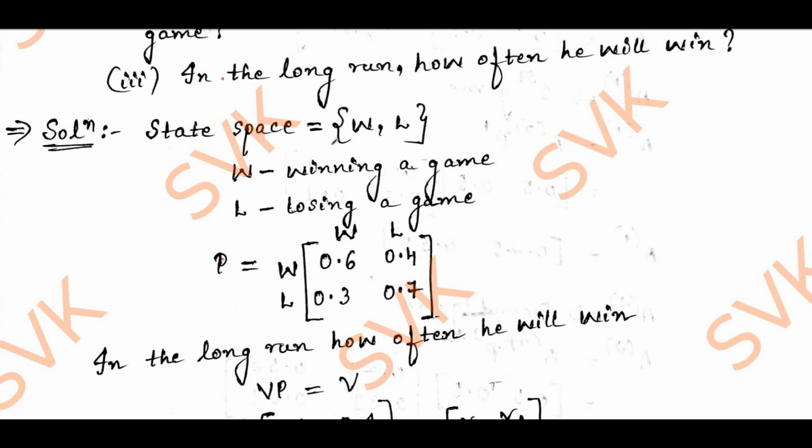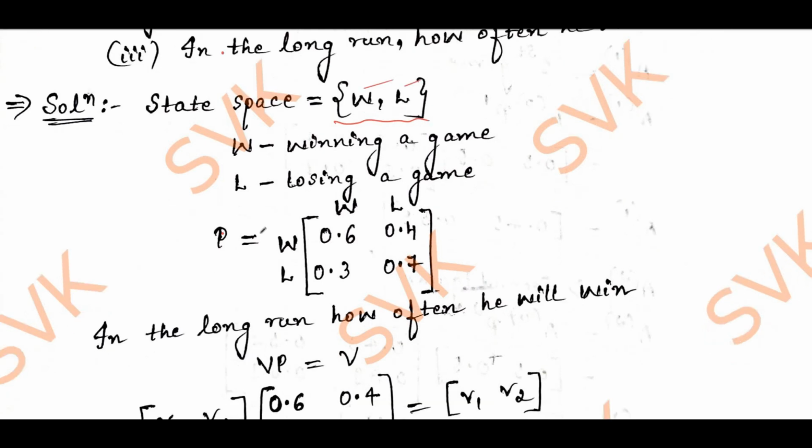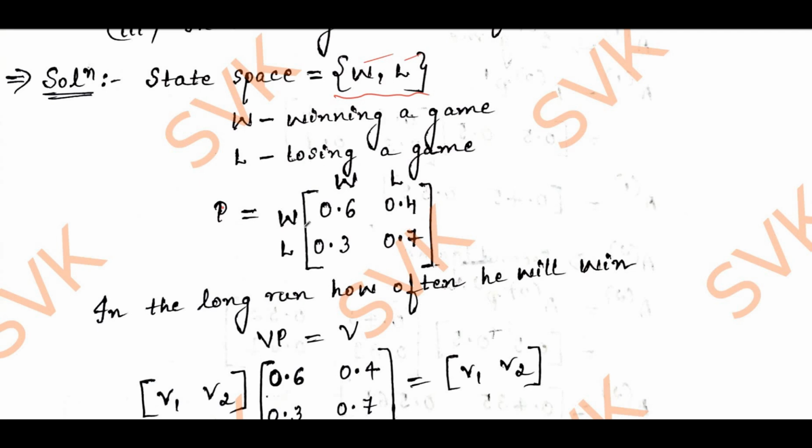First of all, I have defined the state space as W and L, that is winning and losing. W stands for winning a game, L stands for losing a game. Then I want to define the probability matrix P as a 2 cross 2 matrix. Winning with winning is 0.6, they have given. Losing with losing, they have given 0.7.